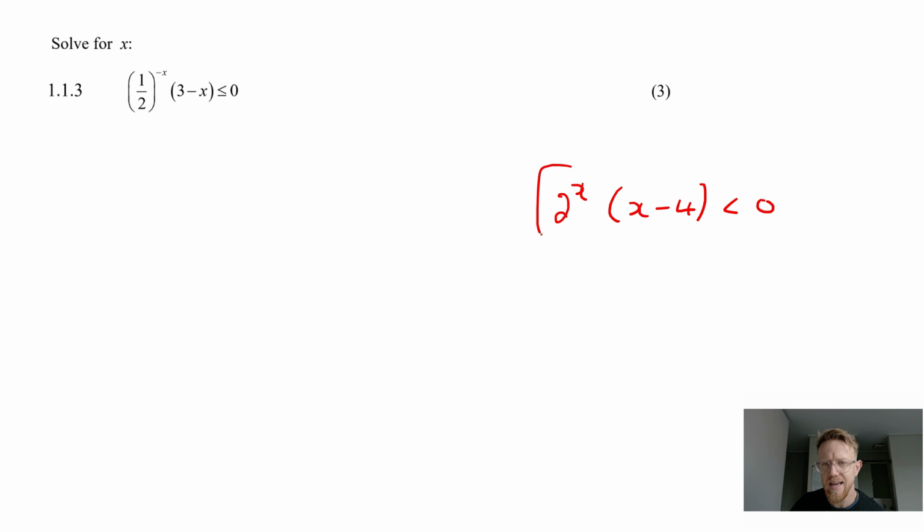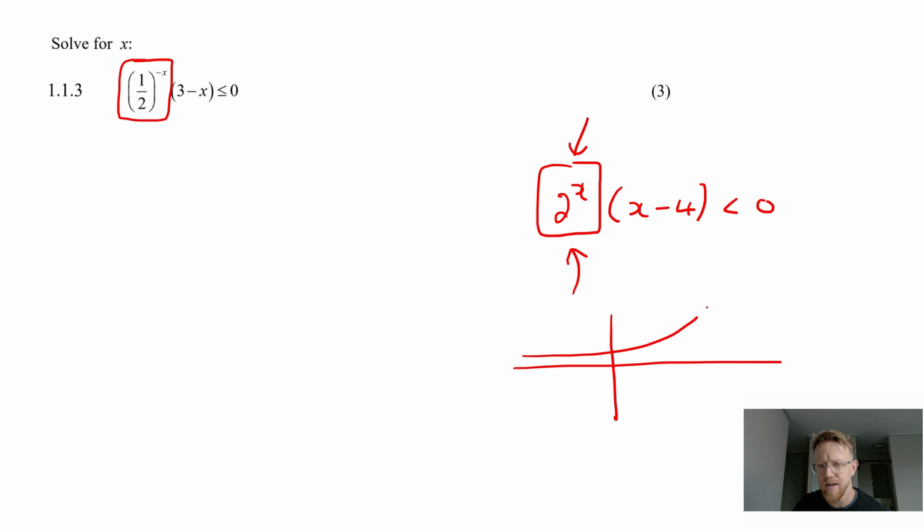You need to look at the exponential part, which in this example is over here. And then you need to just think about that expression. So that is the expression 2 to the power of x. You can plug any number you like into that x place, and that will never ever give you a negative number. Never. It's impossible. So if I had to show you what that looks like as a graph, it's just a normal exponential graph.